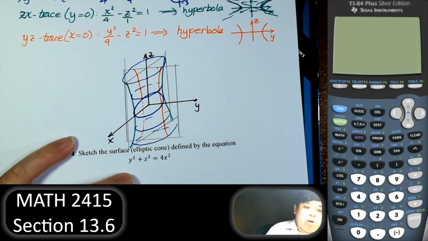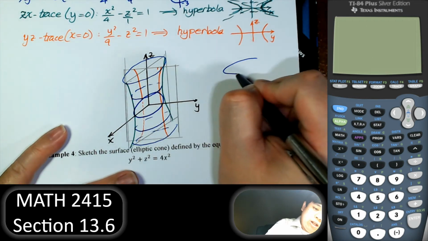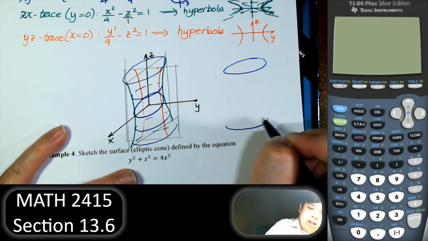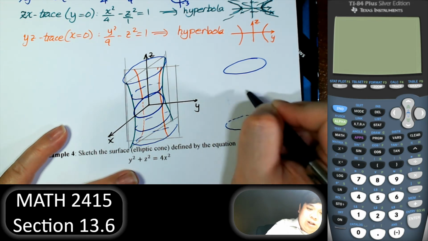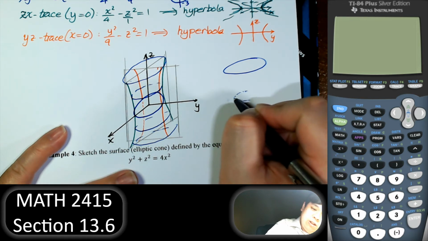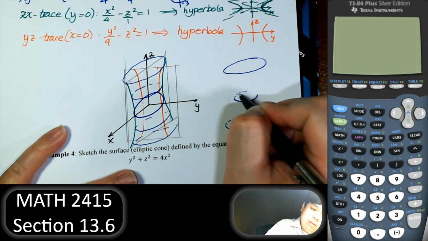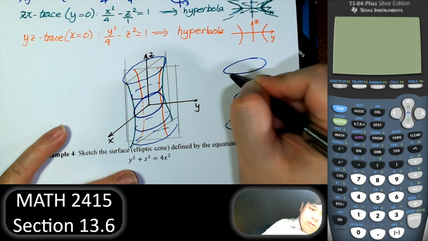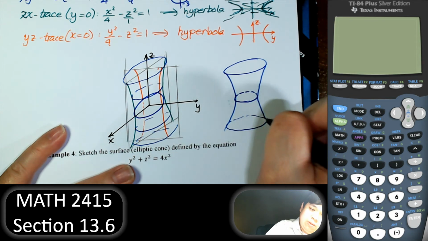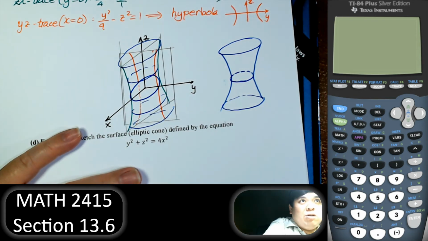So if we draw without the axis, it would look like this. One ellipse on the top, and then one small ellipse in the middle. So now it looks like that.